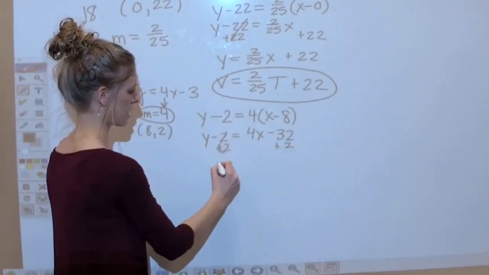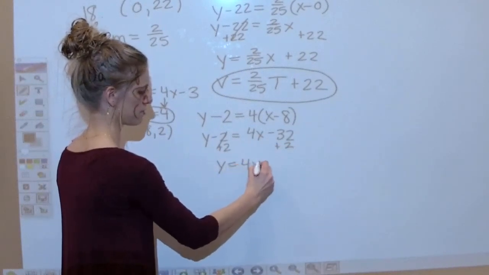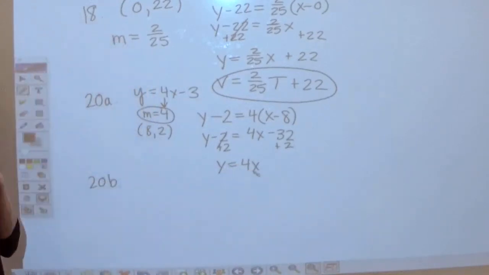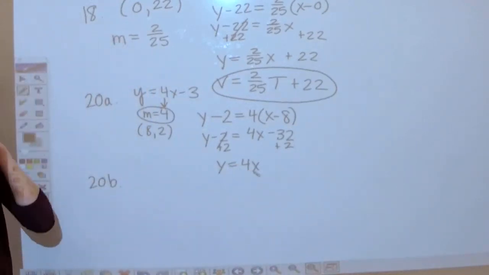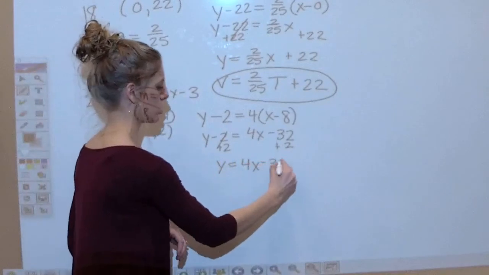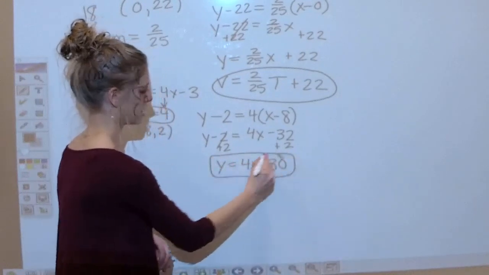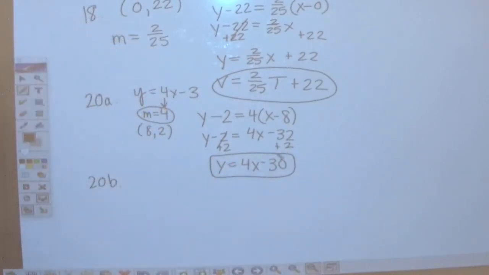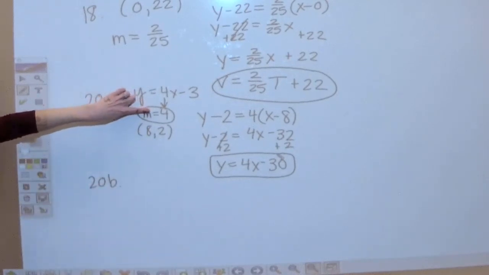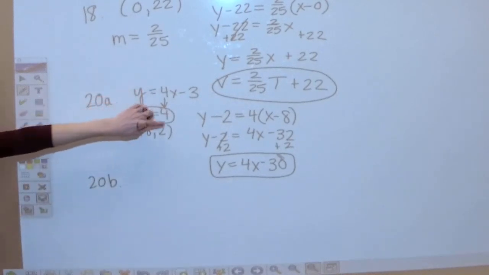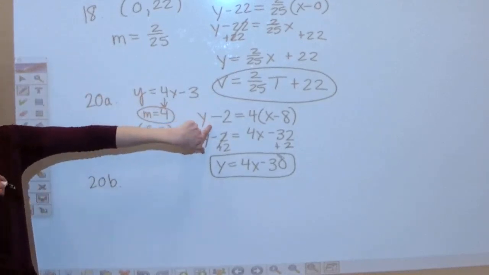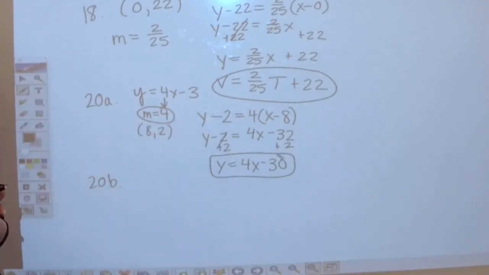Whoever's in the back talking, I need you guys to stop. And then what's negative 32 plus 2? Negative 30. So your final answer is y equals 4x minus 30. The way you get that is by taking the parallel slope, taking the point, and plugging it into point slope form. Just solve it from there.